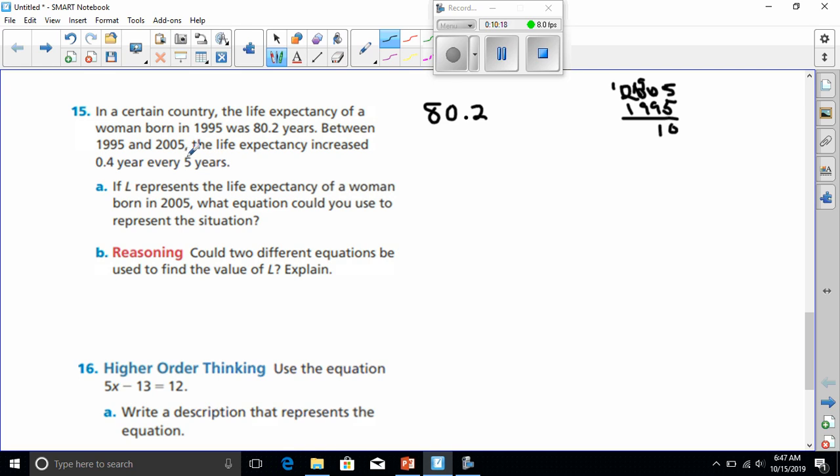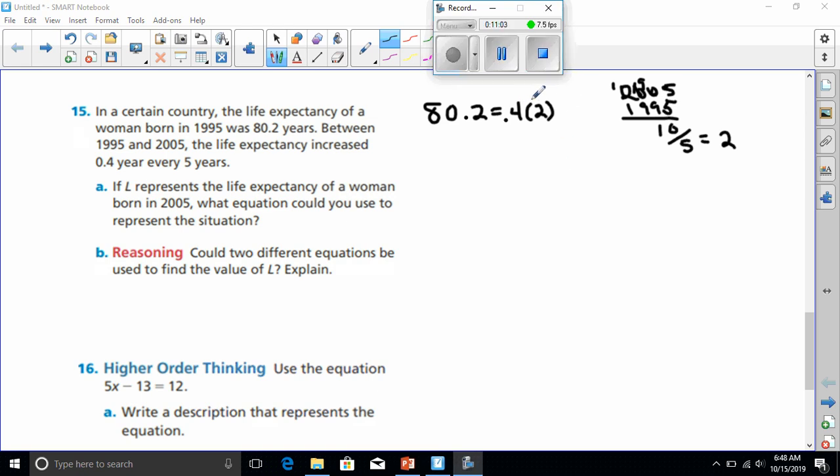So every 5 years, it says that it increased by 0.4. So that means, well, 10 divided by 5 equals 2. So that means, let's see, that's going to equal 80.2 will equal 0.4 times 2. Okay, let's see, would that be minus or plus?